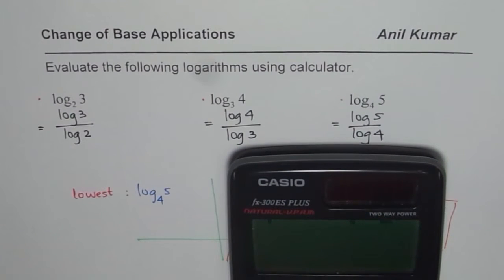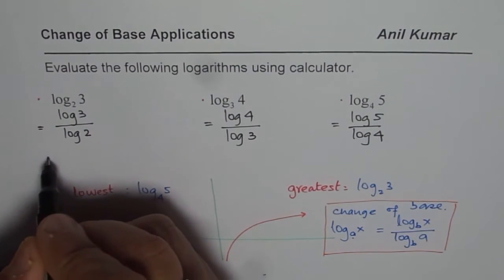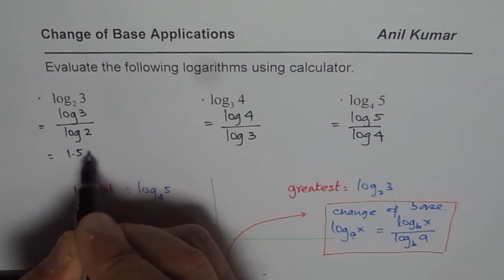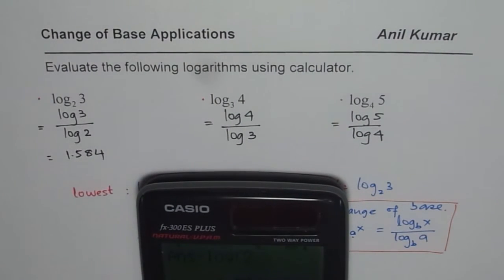First is log 3 divided by log 2. So log of 3 divided by log of 2 equals 1.584. Now let's do log 4 divided by log 3.